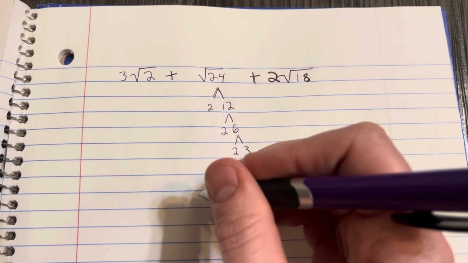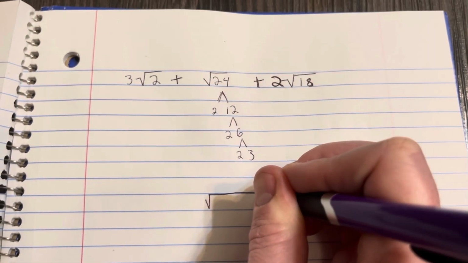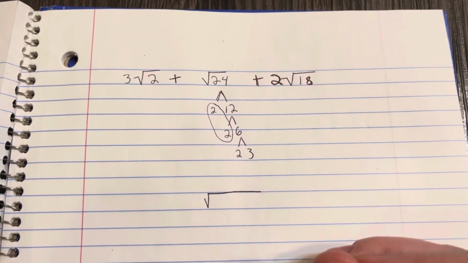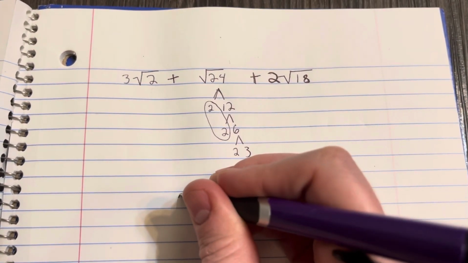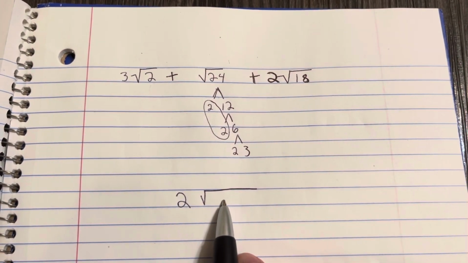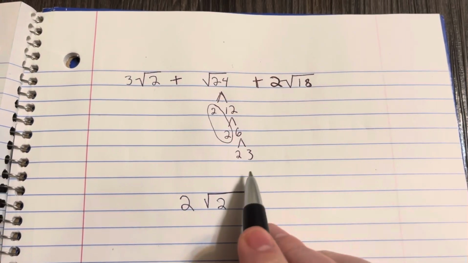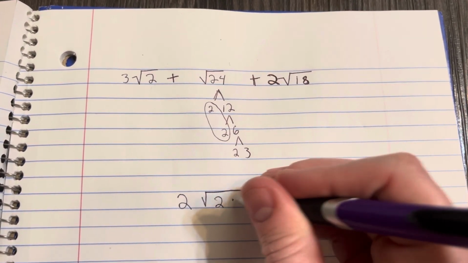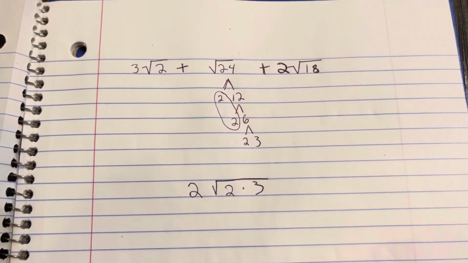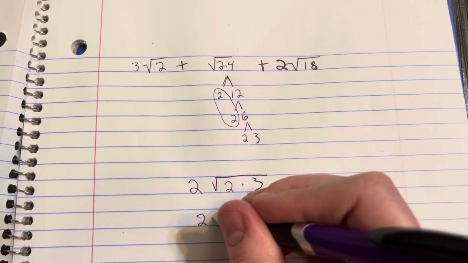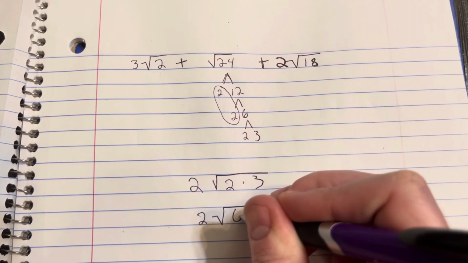So what I'm going to do for this answer right here is I'm going to take out a double 2 to the outside, and then on the inside I have to leave the lonely 2 and the lonely 3. So my simplified answer for this term is 2 square root 6.